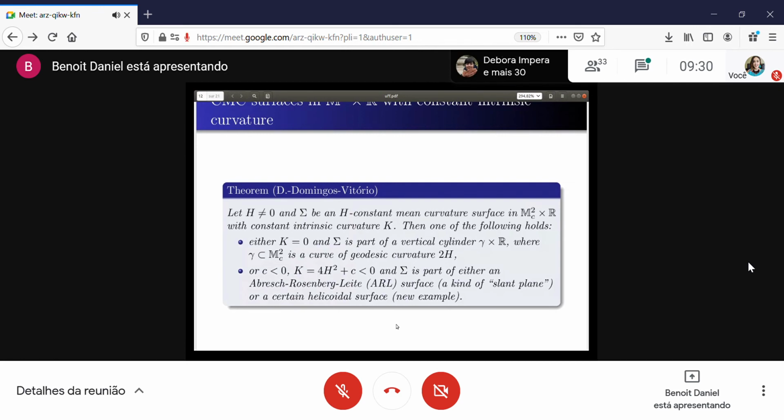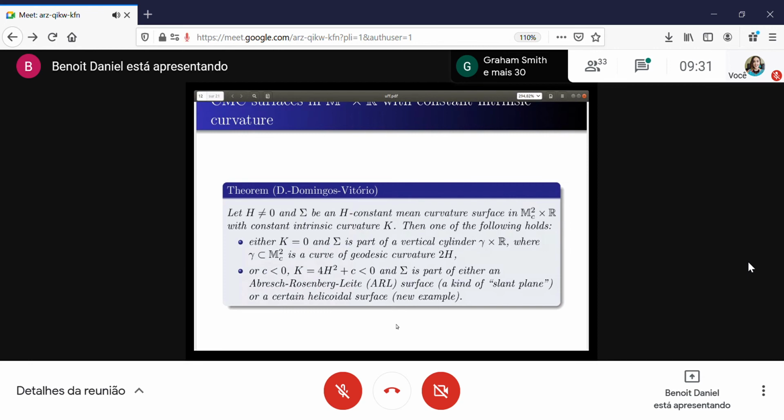So in some sense, this Abresch-Rosenberg surface is a kind of slant plane. It interpolates horizontal planes and horocylinders. These surfaces were discovered by Abresch and Rosenberg when they were classifying CMC surfaces with vanishing Abresch-Rosenberg differential, and later it was proved that they had constant intrinsic curvature. So this was a known example.